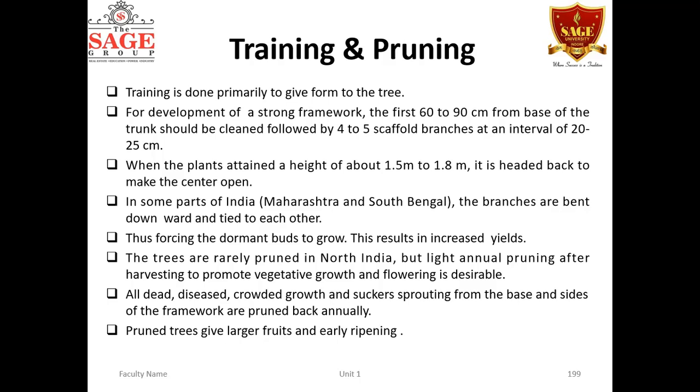There will be proper accumulation of carbohydrates as well as flow of food material. Reservoir materials will be good, and it will maintain your CN ratio and auxin levels in those shoots. So there will be proper hormonal balance, and it will help proper flowering, and by that way you can get proper fruiting. This practice is very common in Maharashtra and South Bengal. By forcing these dormant buds to grow, this will result in heavy yield.